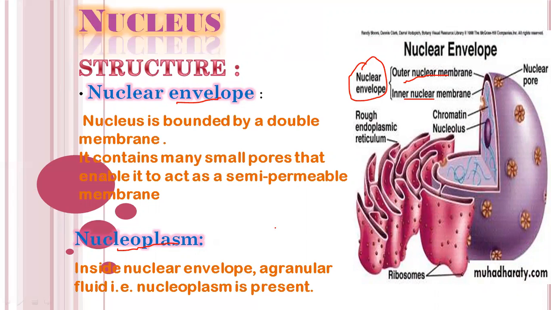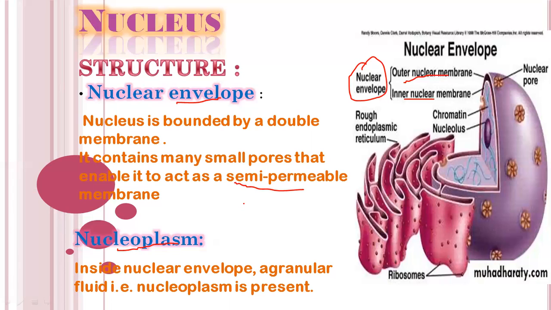This nucleus has certain nuclear pores in its nuclear membrane. These nuclear pores are very small holes which enable the nuclear membrane to act as a semi-permeable membrane.